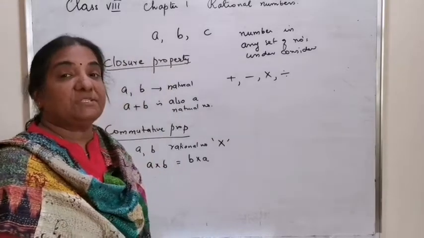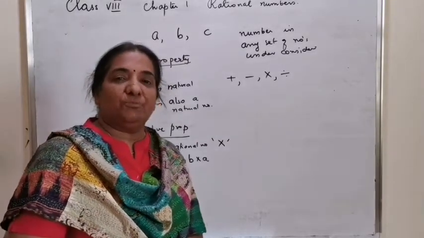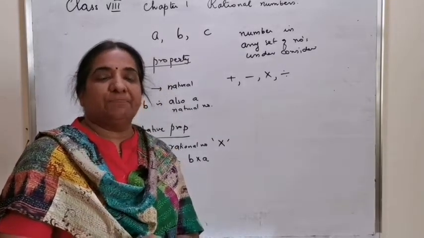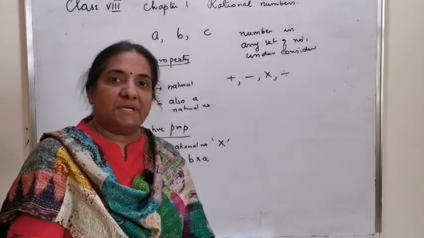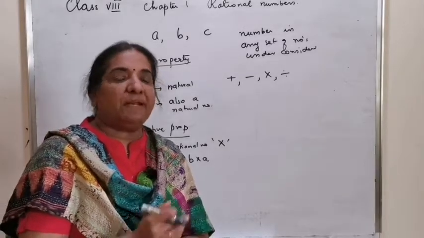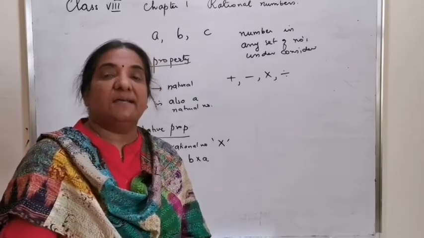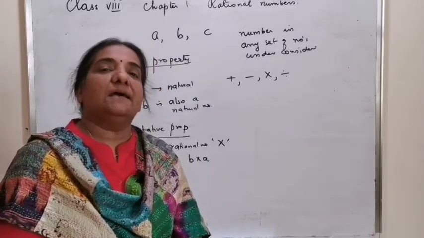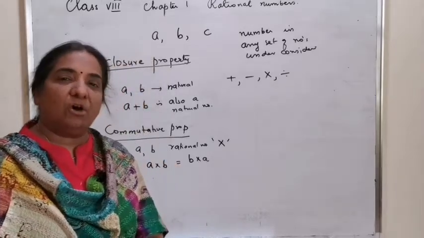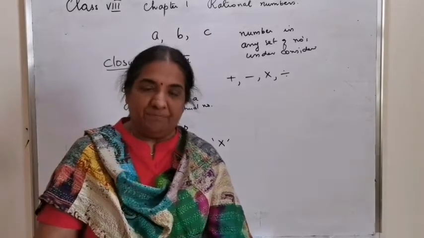Similarly, for associative property, it should be three numbers. These three numbers can be operated in as many combinations under the particular operation, addition or subtraction or multiplication or division.